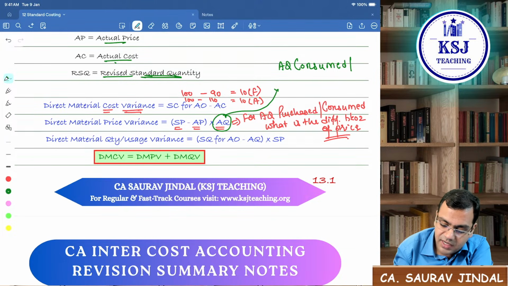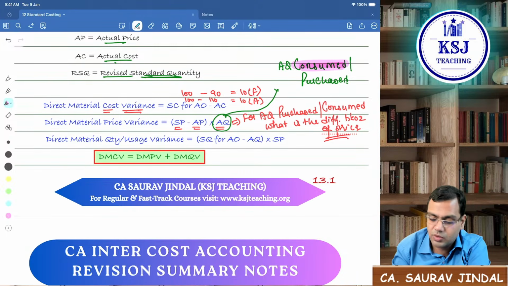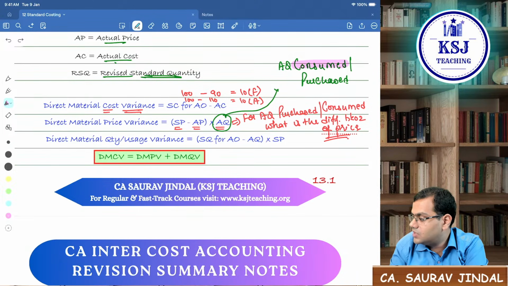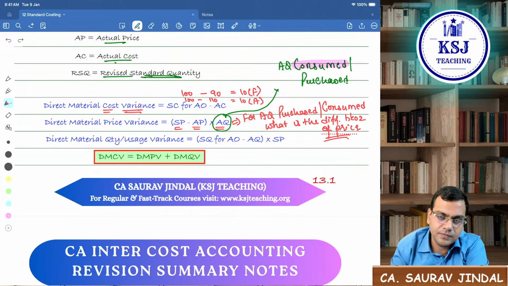Or it is given actual quantity purchased. For the variance part, what should we take? For the variance part, we'll take the actual quantity consumed, not the purchased one. The purchased one might be given for the calculation of actual rate.